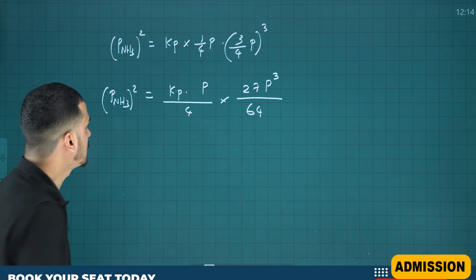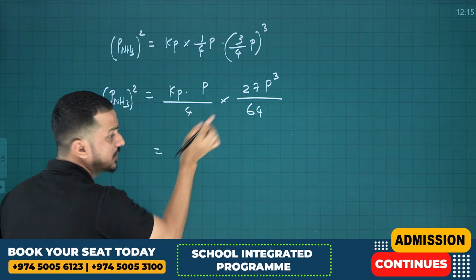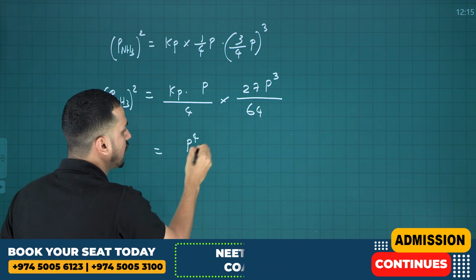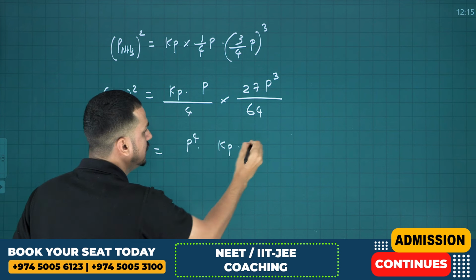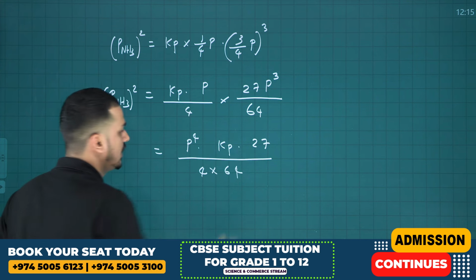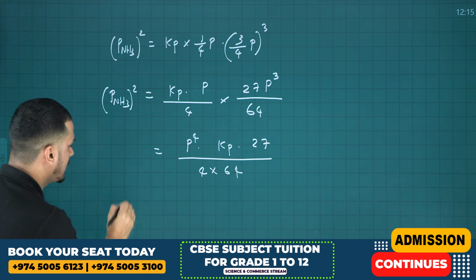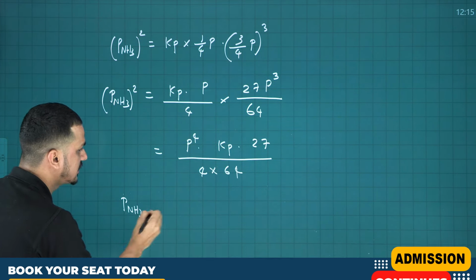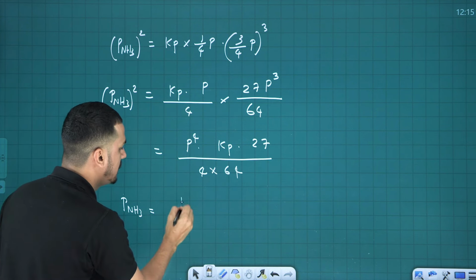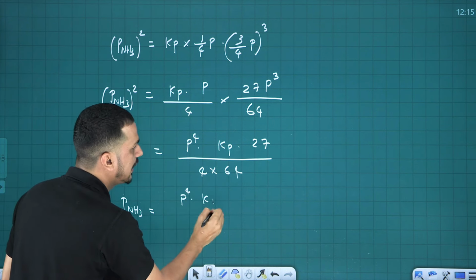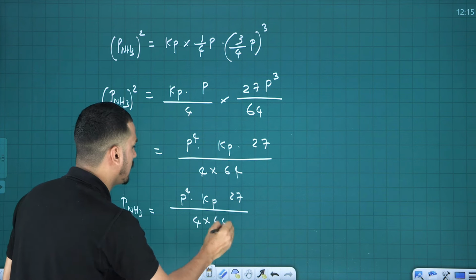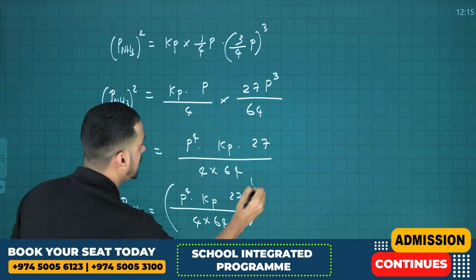So that is equal to P into P cube, P raised to 4, into Kp into 27 divided by 4 into 64. Then what is the partial pressure of NH3? I have to take the square root, so P raised to 4 into Kp into 27 divided by 4 into 64 all raised to 1 by 2.